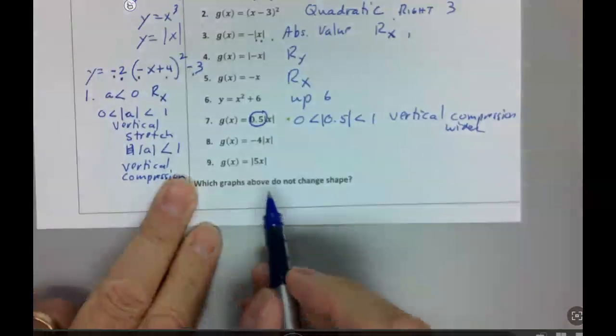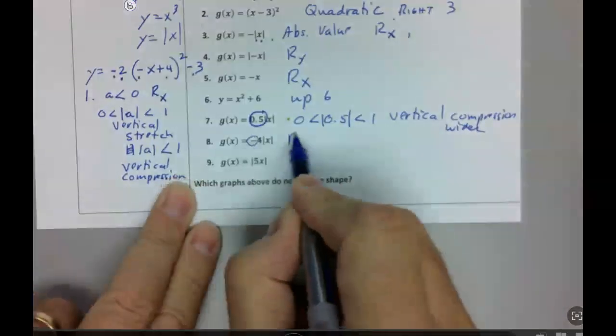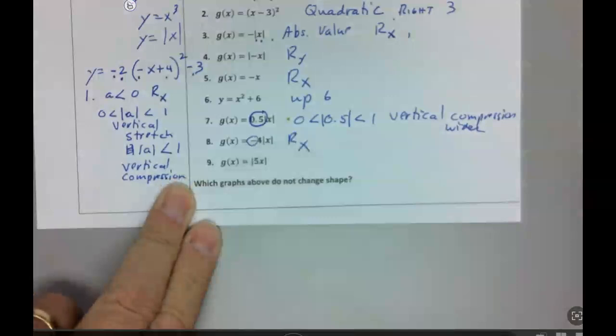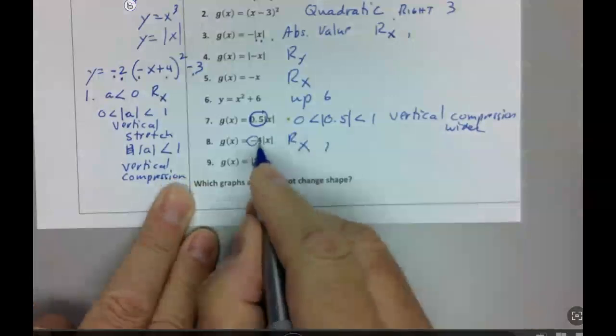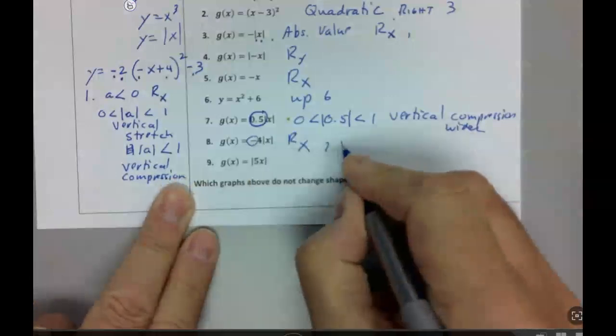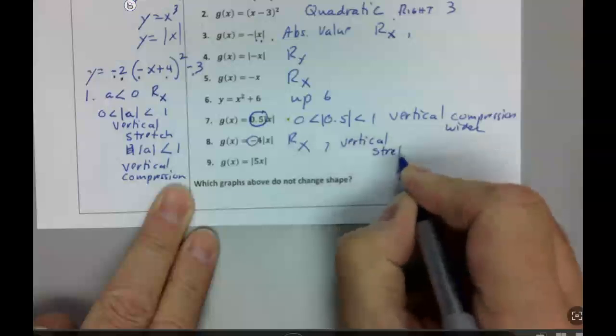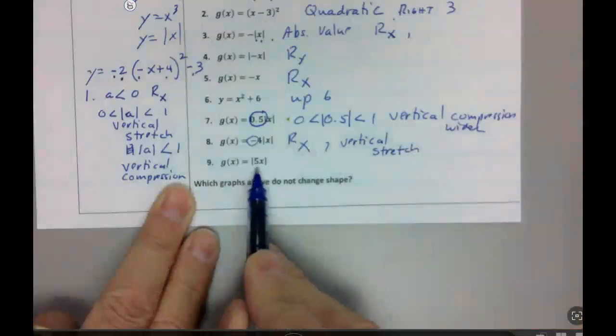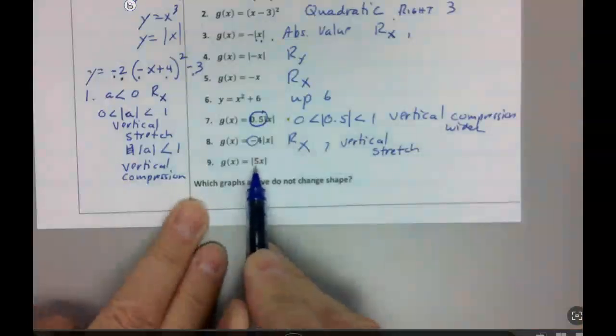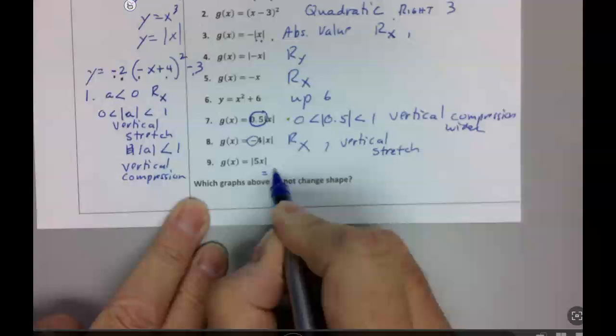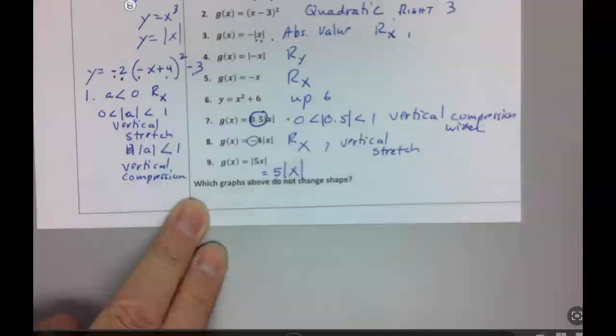Okay, this one here, negative means it's reflected across the x, correct? Yeah. And then the absolute value of -4 is 4, so it's a vertical what? Stretch. Vertical stretch. Now, this is the one he's looking at. So what's the absolute value of 5? So just put it in front like that.